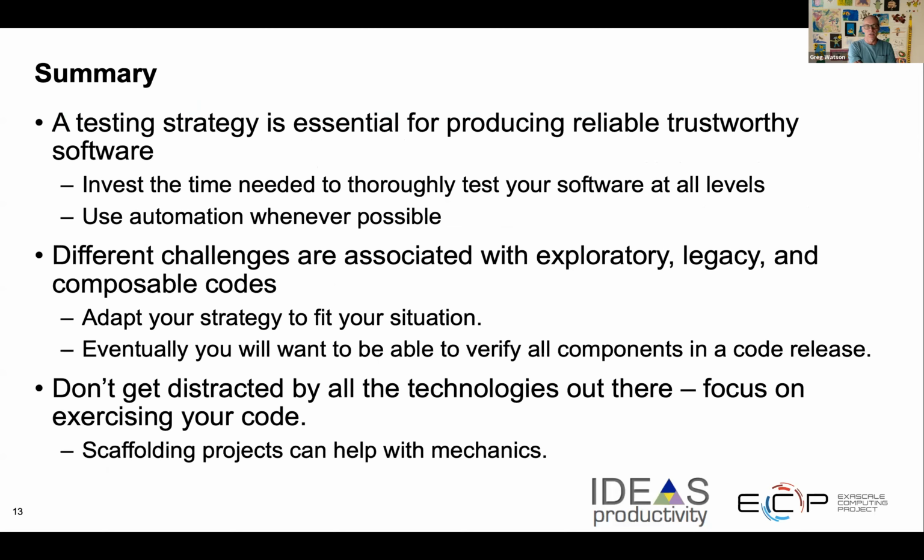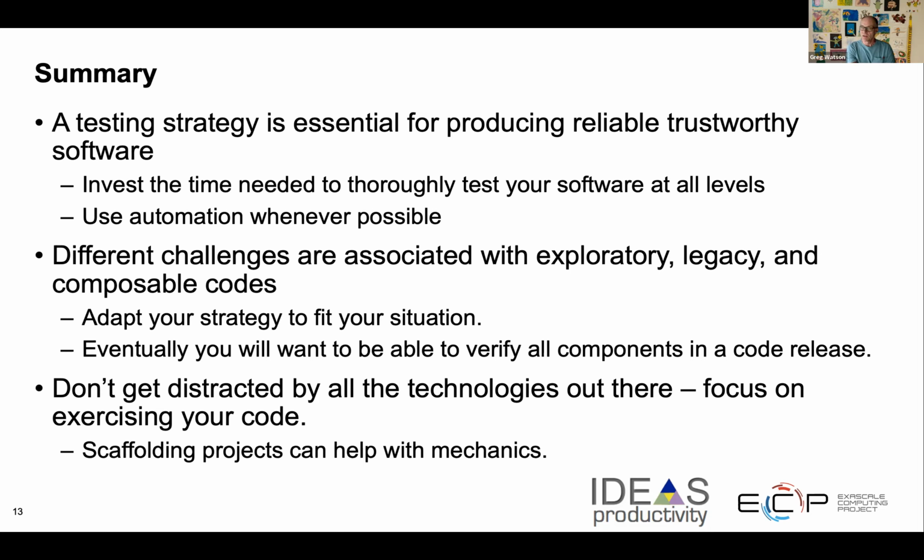So to summarize then, really what we're discussing here is that in order to produce reliable, trustworthy software, because you want to have reliable, trustworthy science, you really need to invest time to thoroughly test the software at all levels. And that includes using automation wherever you can.